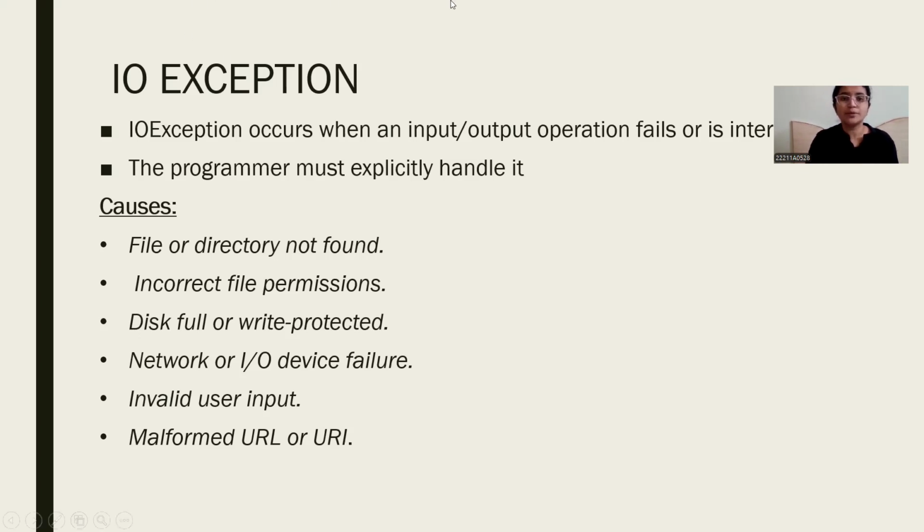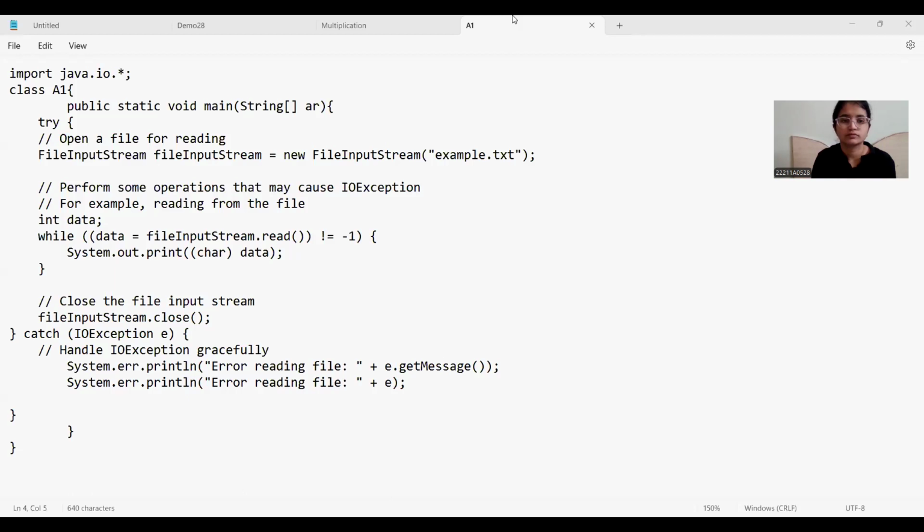Now let us discuss input output exception using one example. This is a program where we can easily understand input-output exception. java.io is a package for input stream and output stream operations. The star represents every class we can access in that package. Let us try to implement this first.